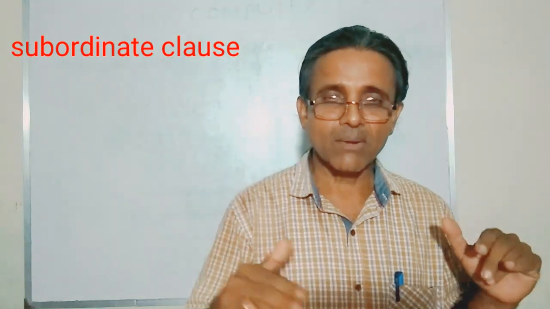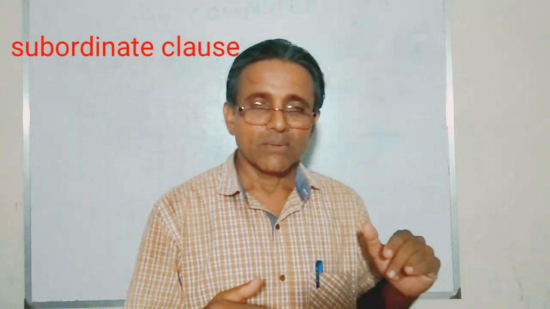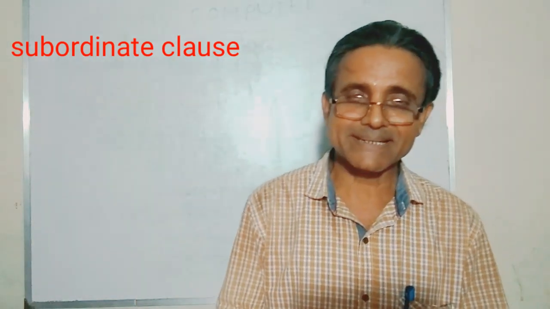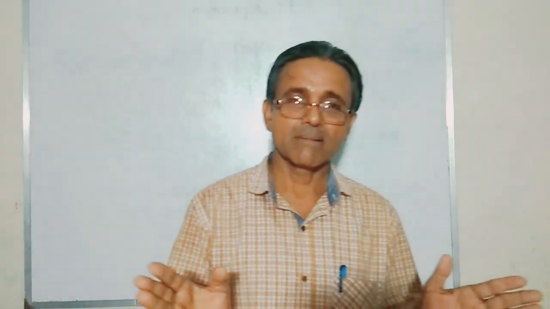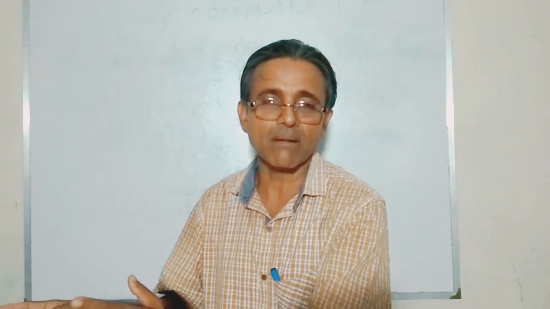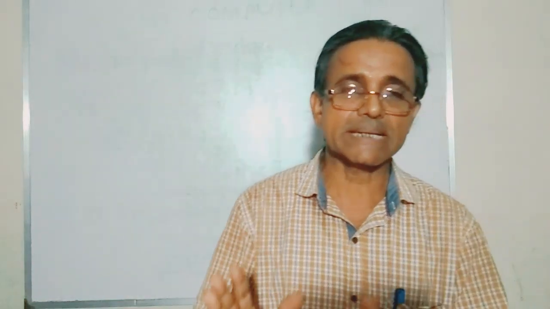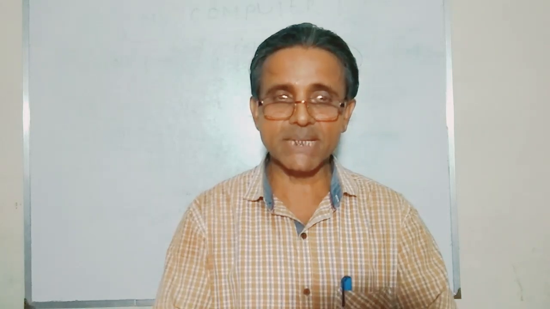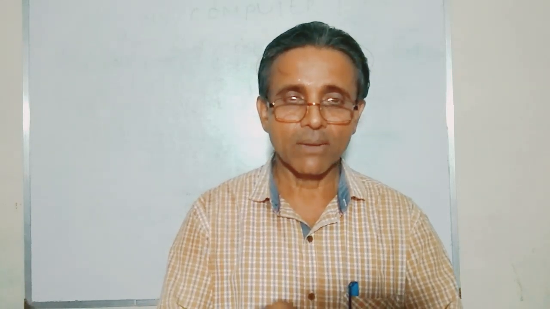Now we will draw a diagram about sentences. One clause is called a simple sentence. More than one clause is called a compound sentence or complex sentence. The compound sentence is two independent clauses taken together using a coordinating or correlative conjunction.